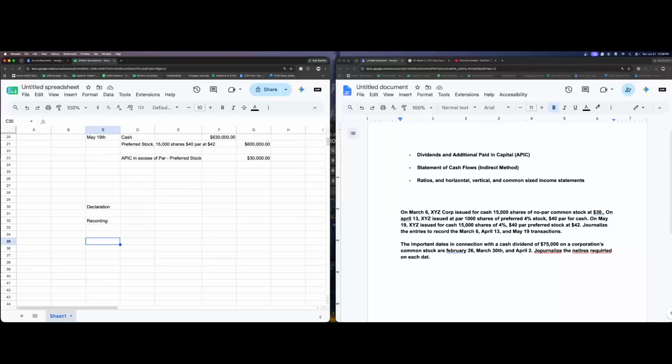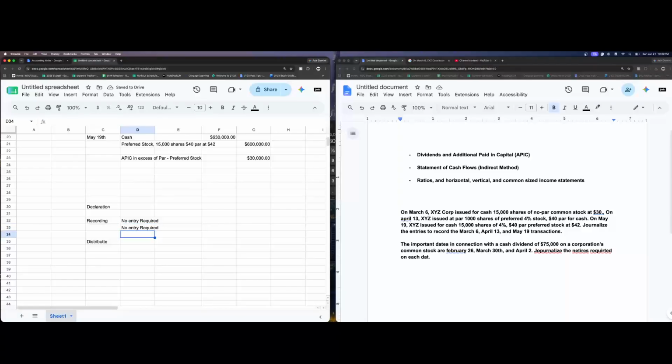Kind of forgot. There are three parts to it. They first declare it, and then they record it, and then they distribute it. Those are the three steps. But for the recording part, there's no entry required.